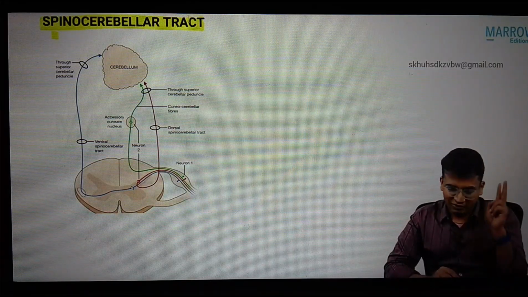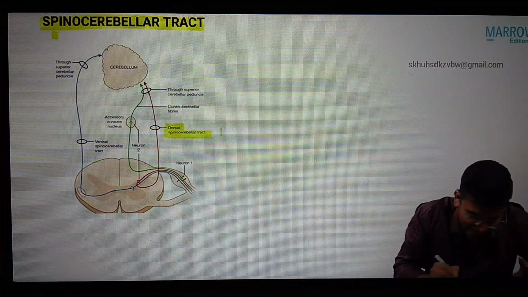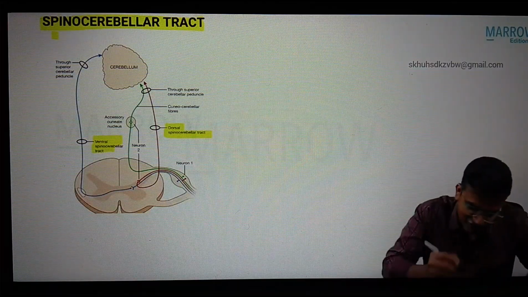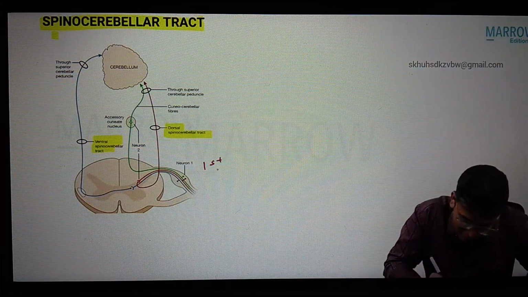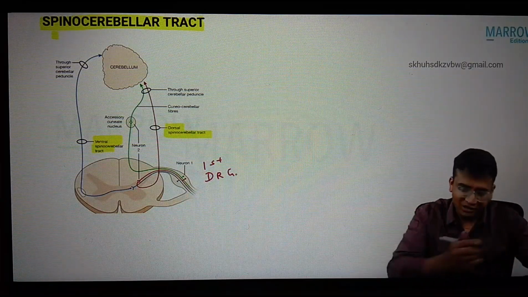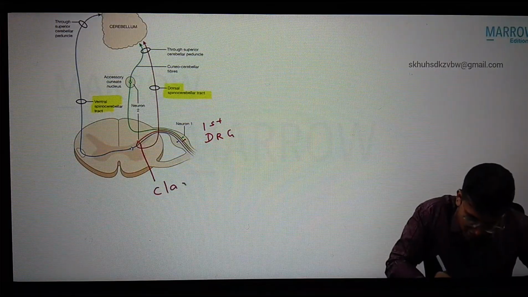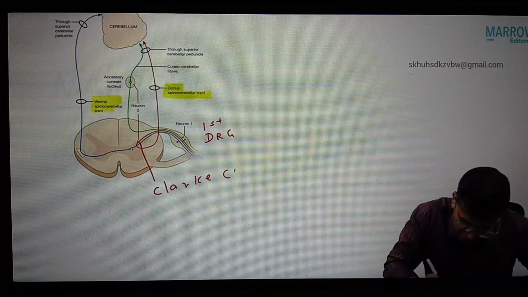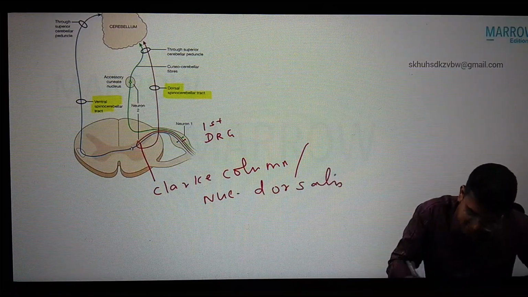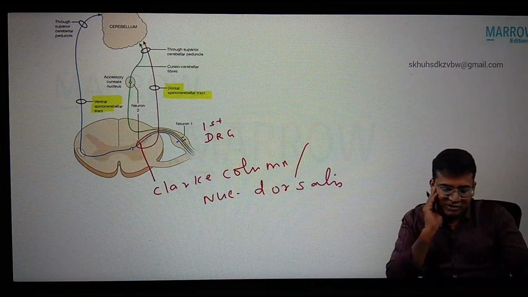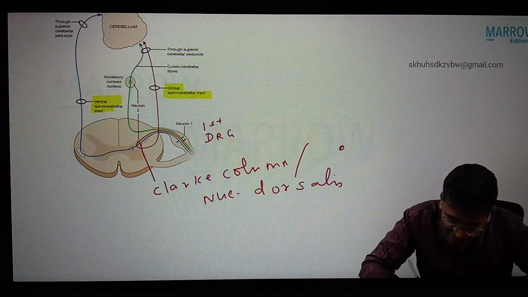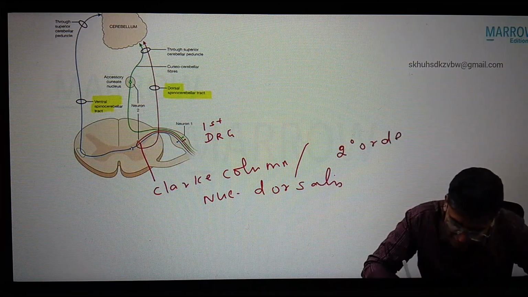Now for the spinocerebellar tract, we have two: dorsal and ventral. As usual, the first order neuron comes from the dorsal root ganglion. Fibers from the first order neuron come to Clarke's column or nucleus dorsalis, and that is the second order neuron.